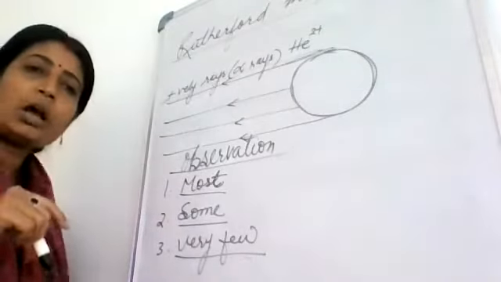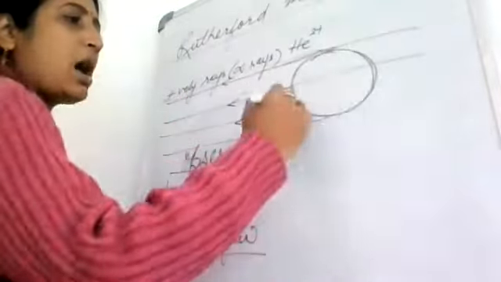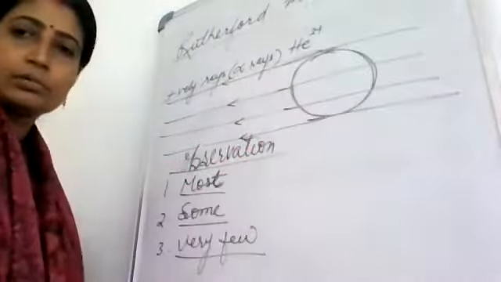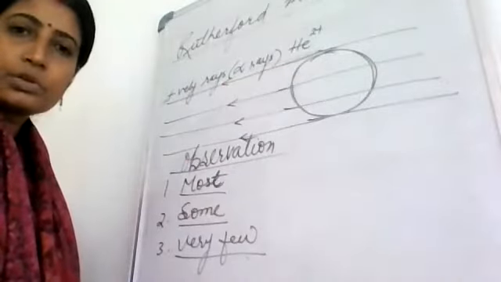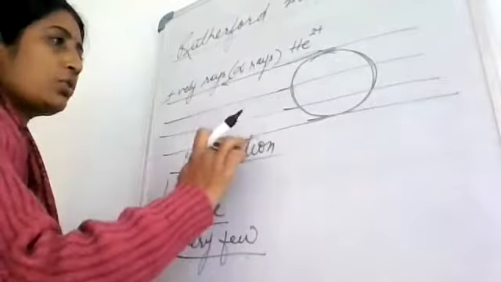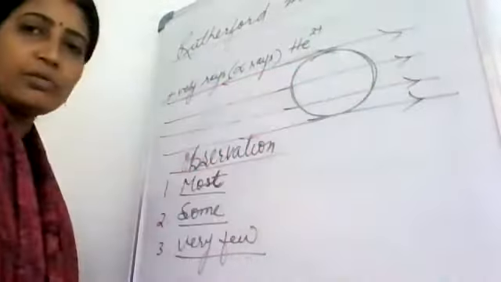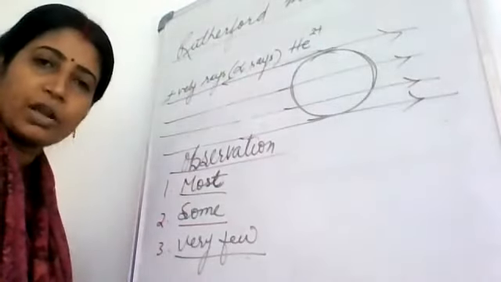But totally opposite to that, most of the rays just passed straight through the foil. There was no repulsion. Instead, they just passed through the foil without showing any kind of deflection.